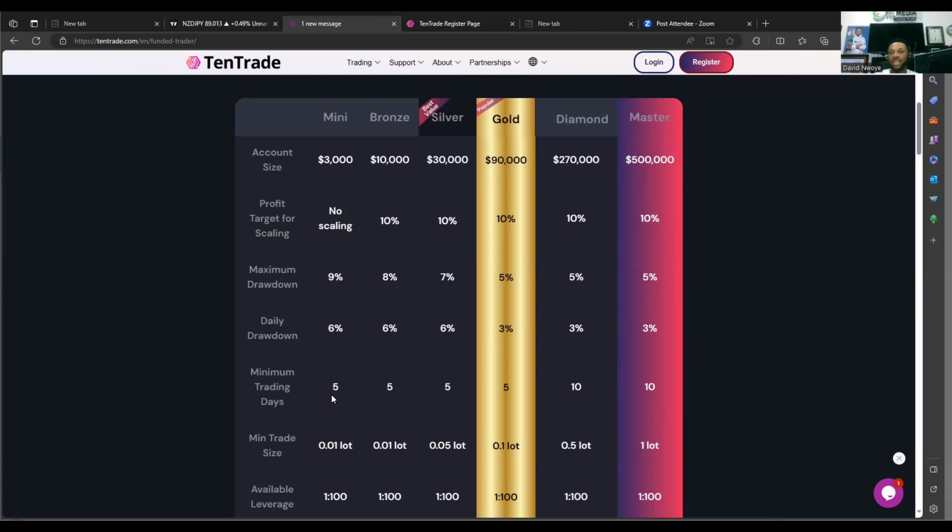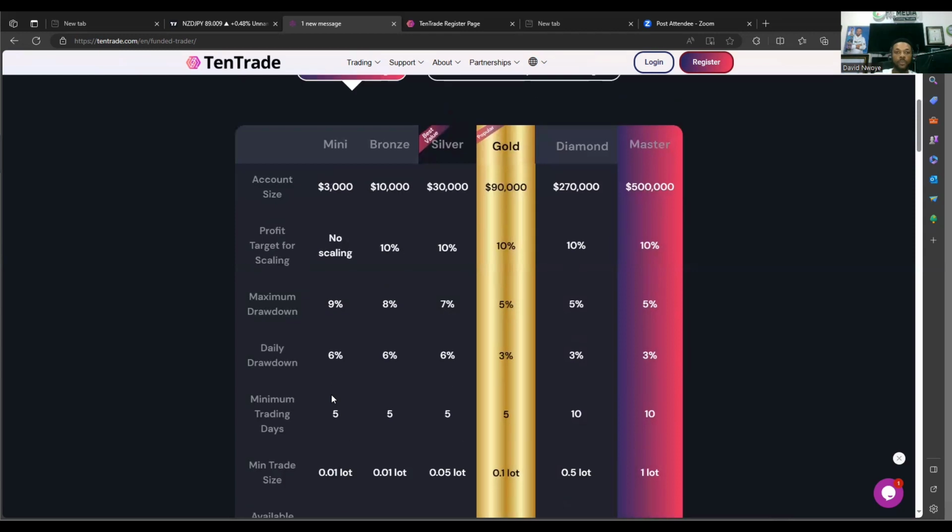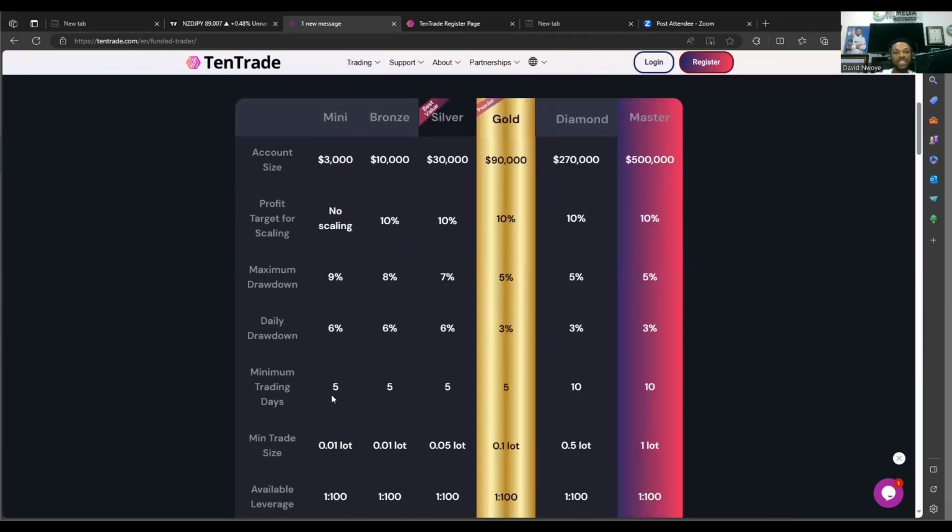So I traded today, it's counted as 1. Monday comes, I trade on Monday, it's counted as 2. Maybe I don't trade on Tuesday or Wednesday, it's still Thursday, I don't trade, it's counted as 3. Then I trade on Friday, 4, or whatever. So the thing there is that you must have traded 5 times and above before you can withdraw, if you have a profitable withdrawal, if you made profit on it. So that's what minimum trading days is.